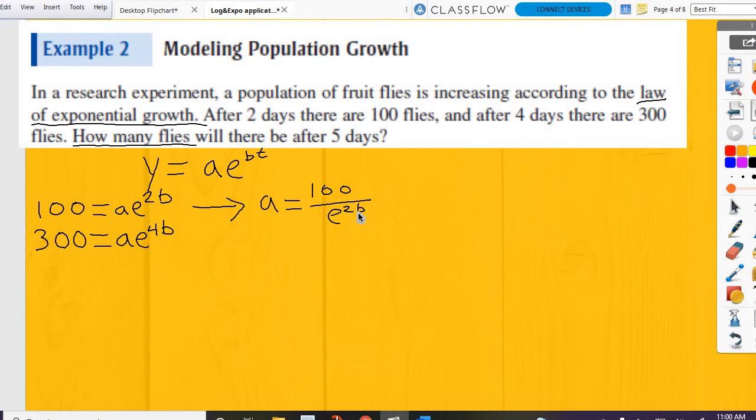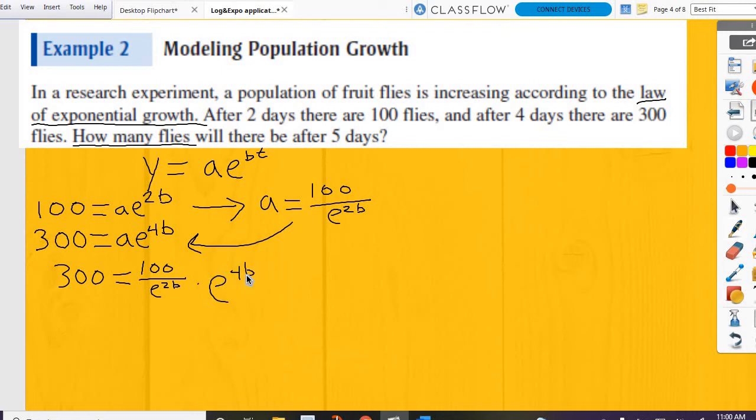Agreed? So once we have one of our variables solved for, what's our goal? Plug it into the other one. Okay, remember you have to be careful about that. So now I'm going to plug that back in to my other equation. So we would get 300 equals 100 divided by e to the 2B times e to the 4B.